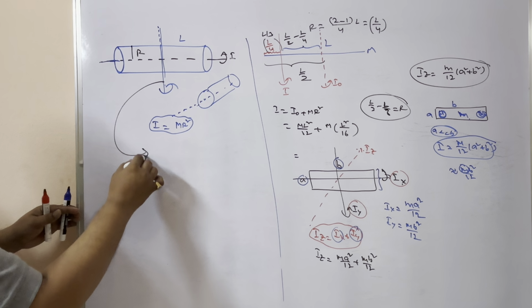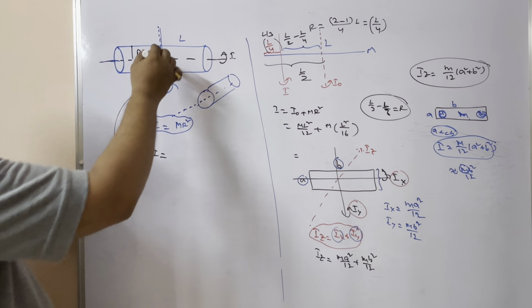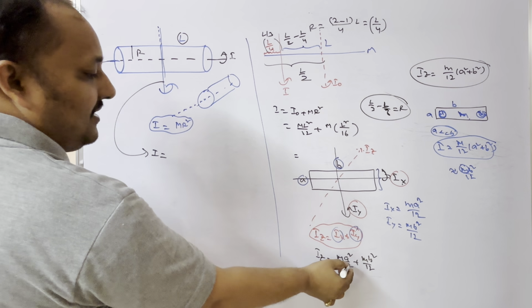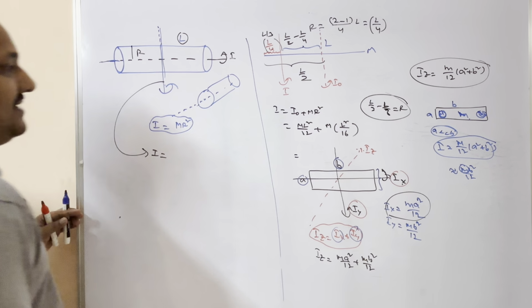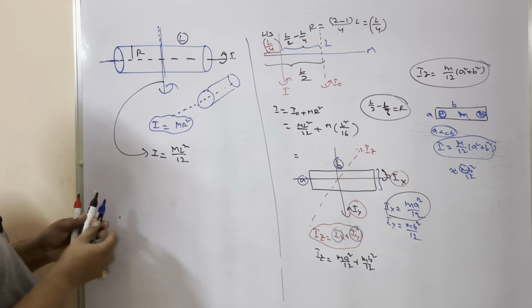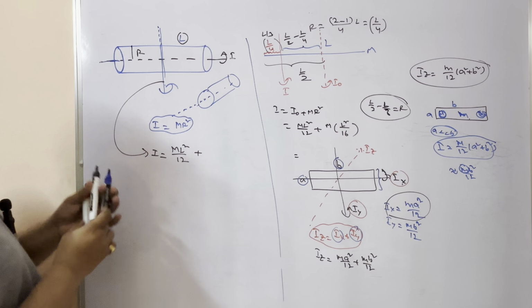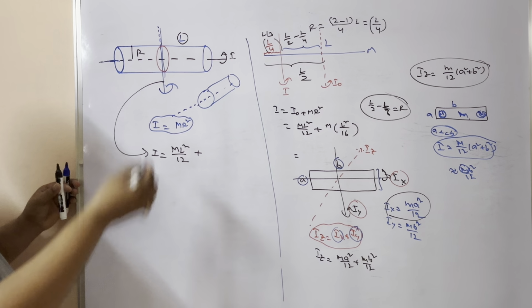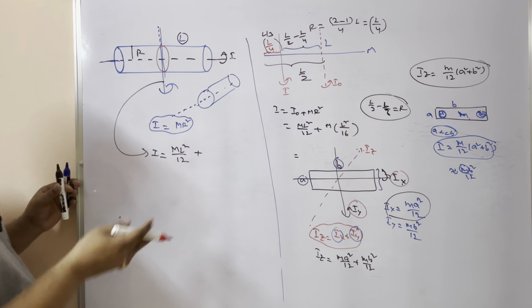Next, perpendicular to its length, about this axis. Moment of inertia about this axis: I is equal to, so this is perpendicular to L. Therefore, we will follow this formula: m A square by 12, m B square by 12. Here, m L square by 12 plus this, whenever it is rotating, here it is like a ring. For a ring, this axis is which axis? Diameter.